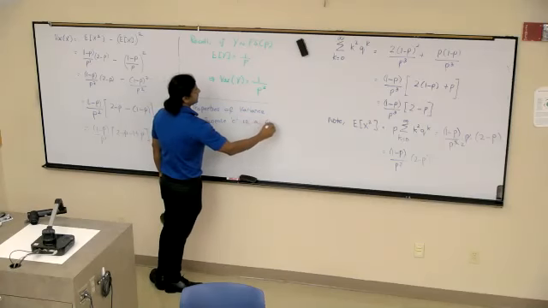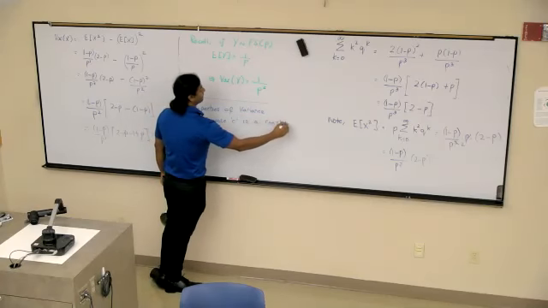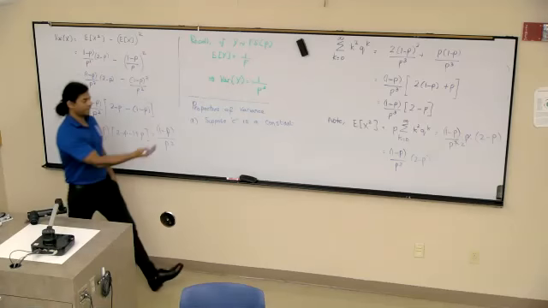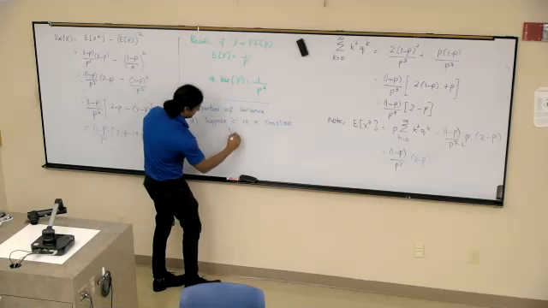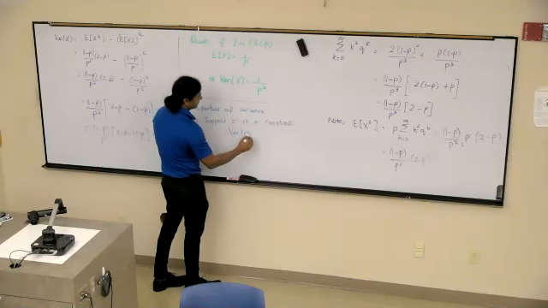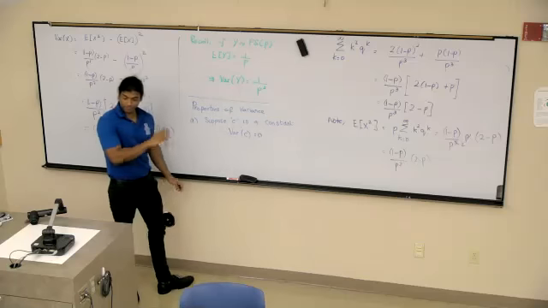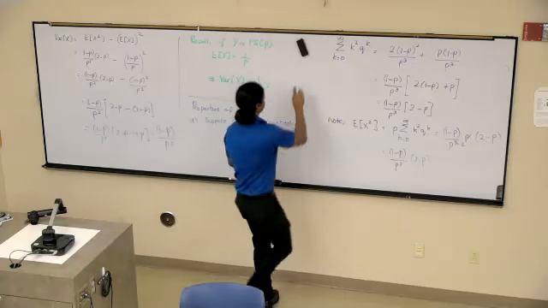Suppose C is a constant. What is the variance of C? 0. This is true for any random variable.